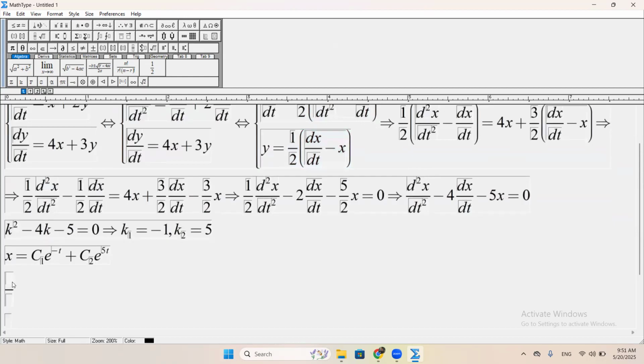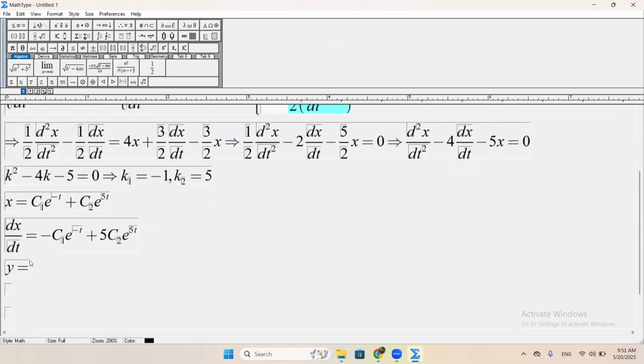So dx by dt equals minus c1 e in power of minus t plus 5c2 e in power of 5t. Then y equals this expression, so let us substitute it into the initial equation.